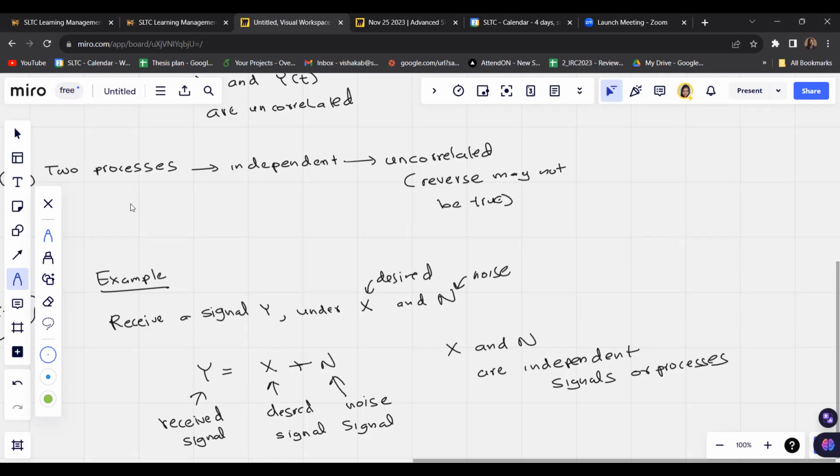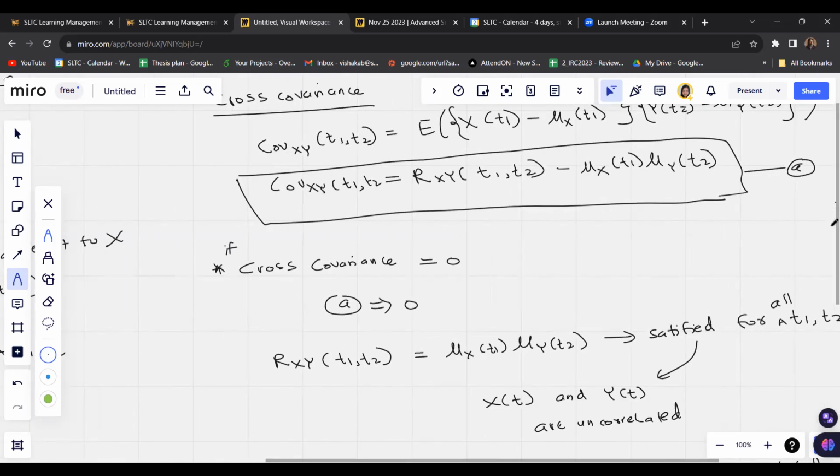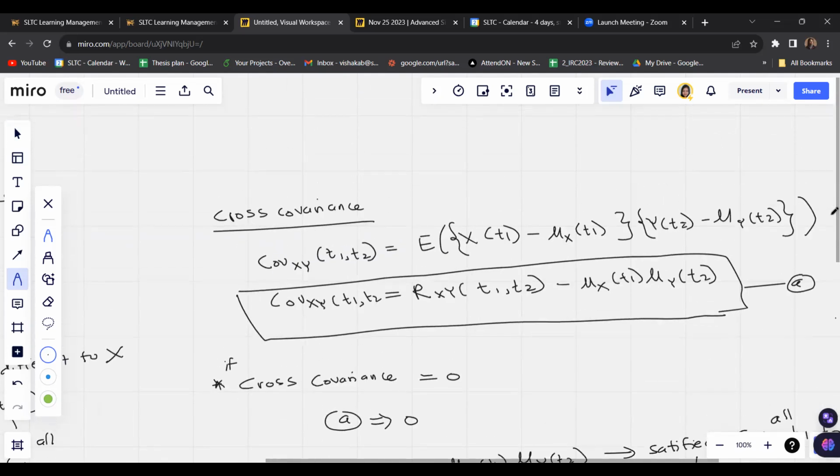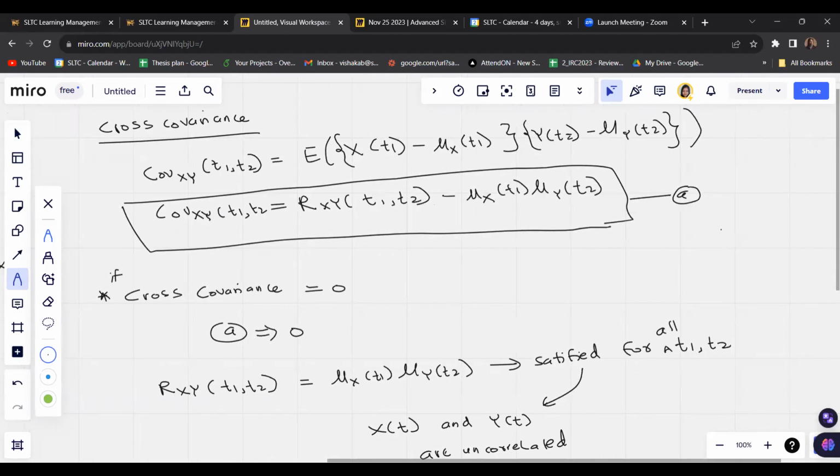We have discussed important statistics such as cross correlation and cross covariance. These two characteristics appear in multiple places, and therefore these terms must be very familiar to you when you are doing any kind of work related to signal processing. If you have any questions up to this point, please let me know.